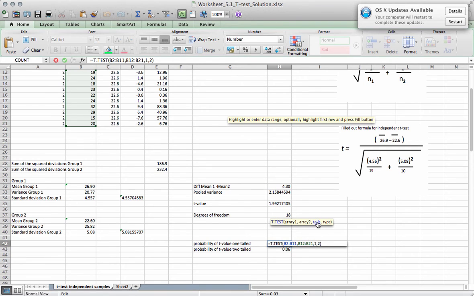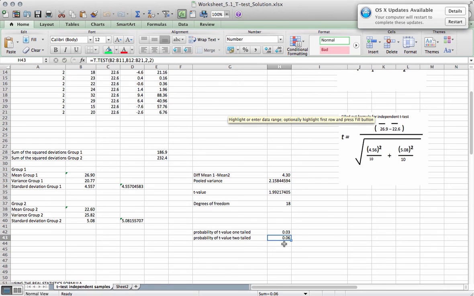Then we decide how many tails. You type in a 1 for one-tailed, and a 2 for two-tailed, and then the type 2 means the independent test, type 1 means the dependent test, the paired samples test. So here, the same formula, but you note for the tails we have a 2, so this is the two-tailed significance.